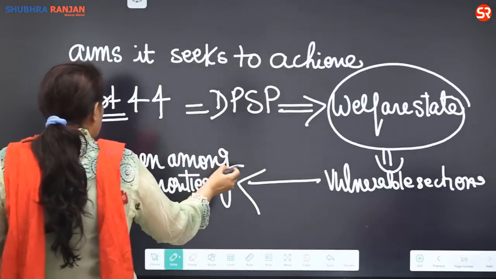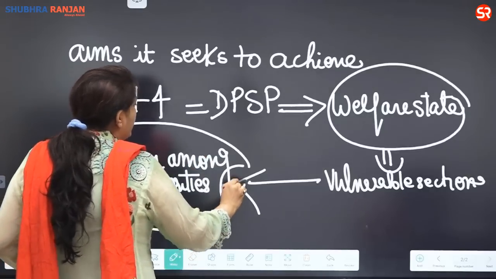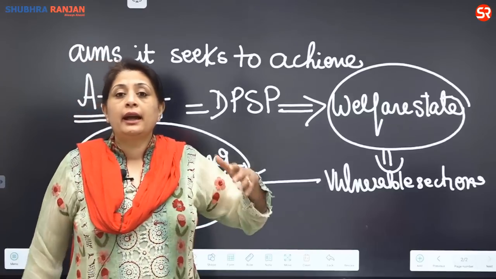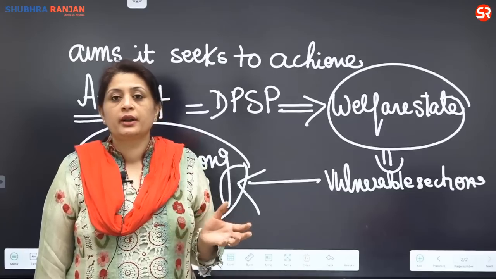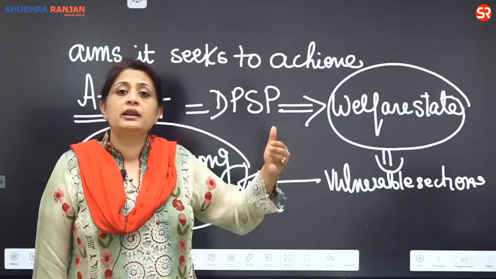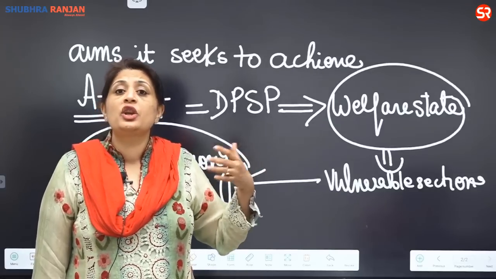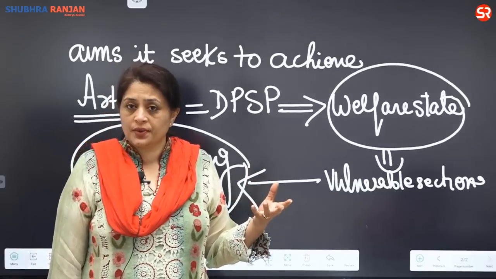So women among the minorities, and you know that India is a traditional society and the Indian Constitution is a revolutionary document, in the sense that our Constitution itself has an objective to bring change in society, to make India a modern society.